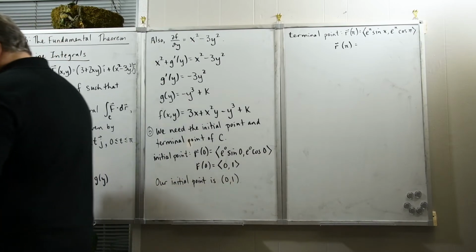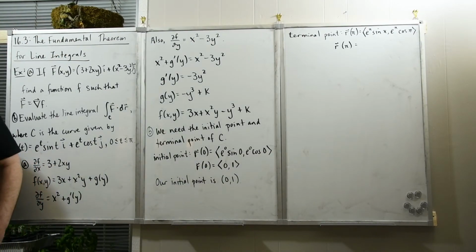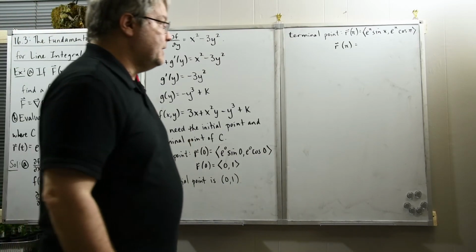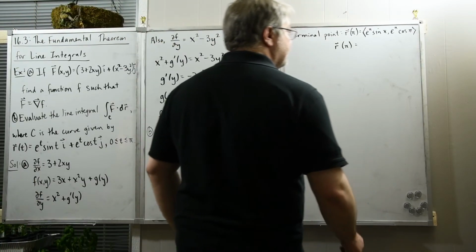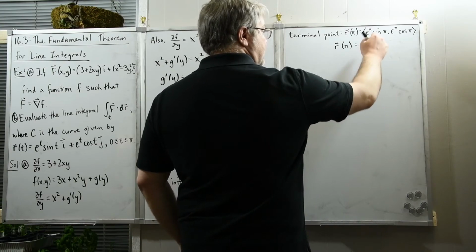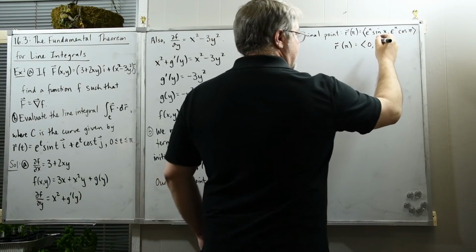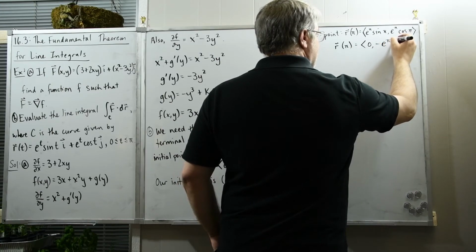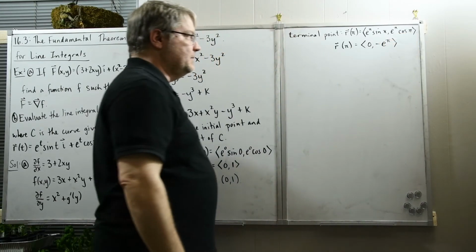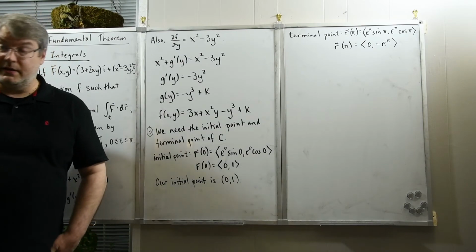Now keep in mind that the sine of pi is equal to 0, while the cosine of pi is equal to -1. So you have e to the pi times 0 for your first component, and e to the pi times -1 is your second component. So that means that our terminal point is at (0, -e^pi).